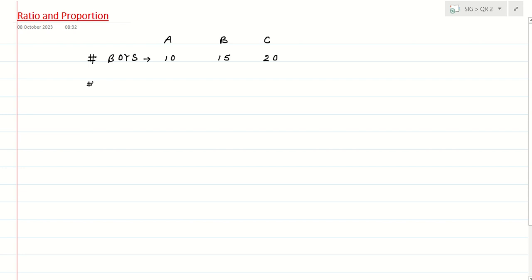And the number of girls in section A is 20, here 30, and here 40.